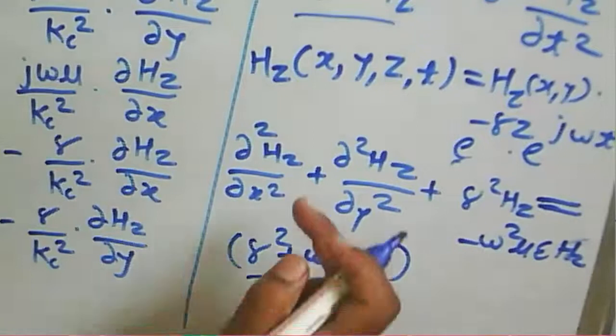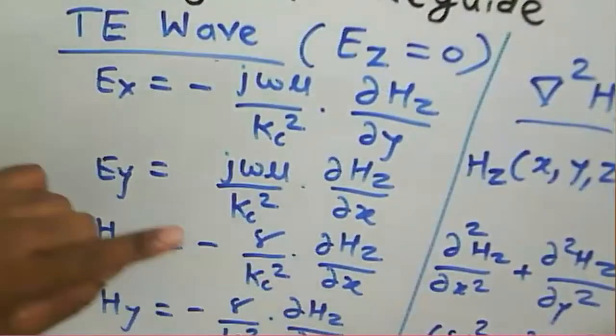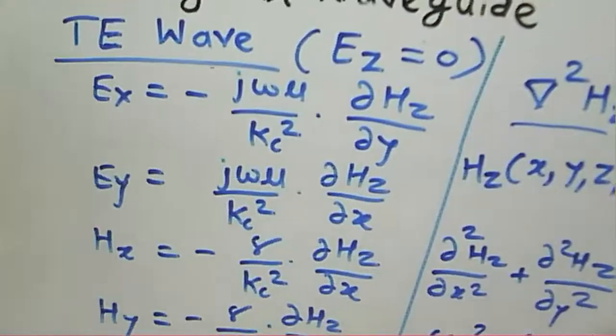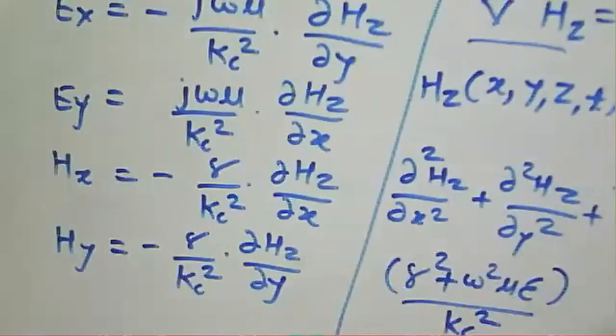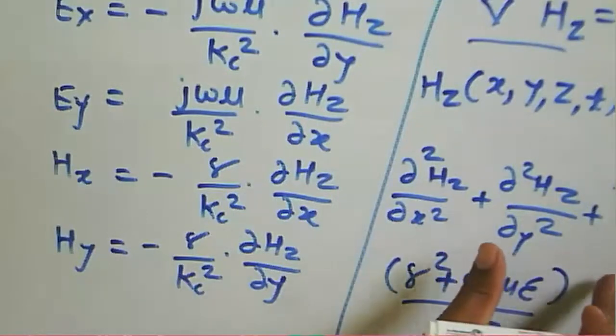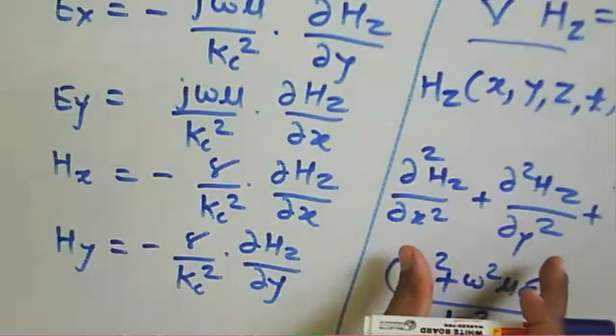This Kc square, which we have written in these expressions, is obtained through this wave equation. Now use this expression and we can find the component of Hz. Solve these two equations.